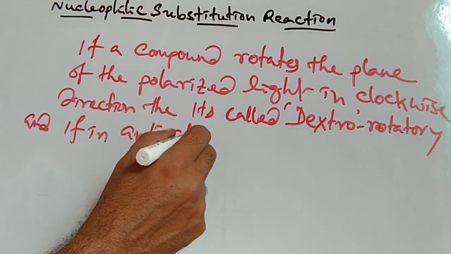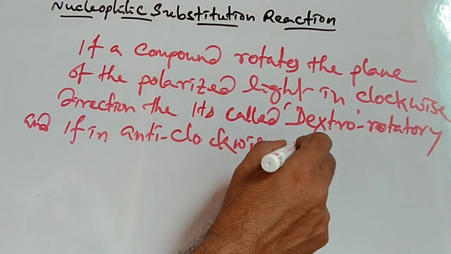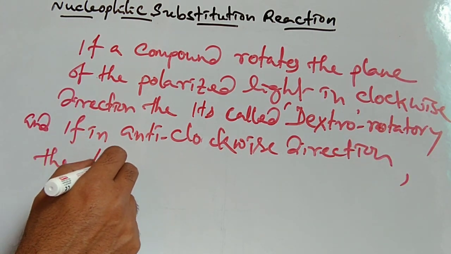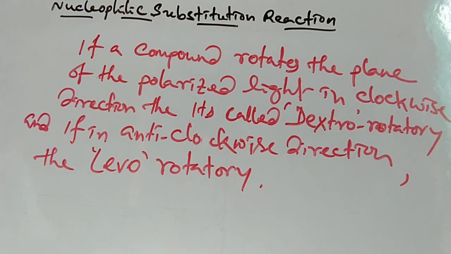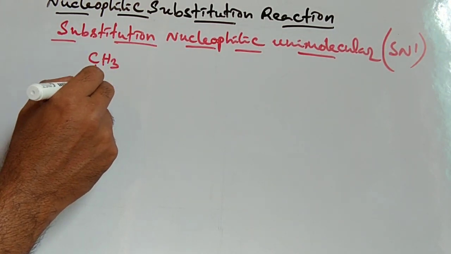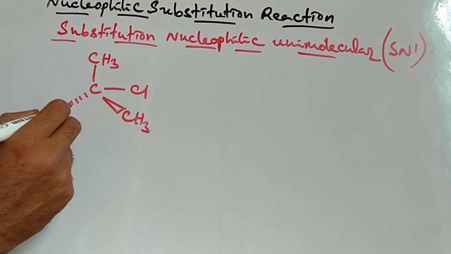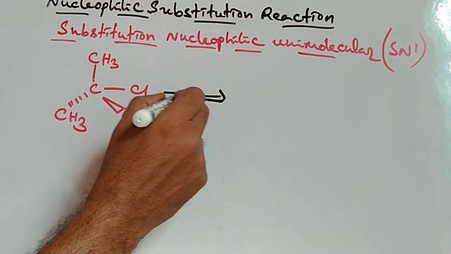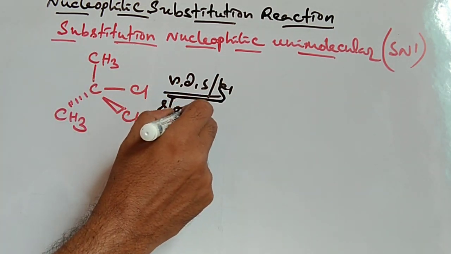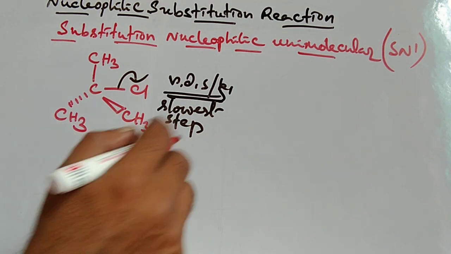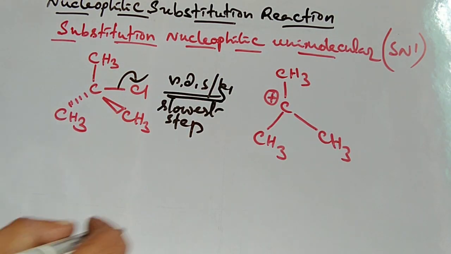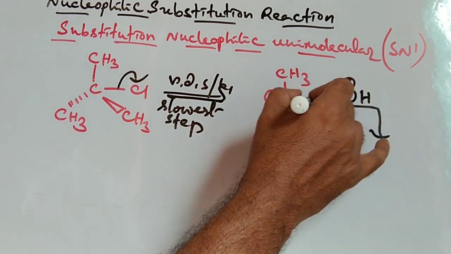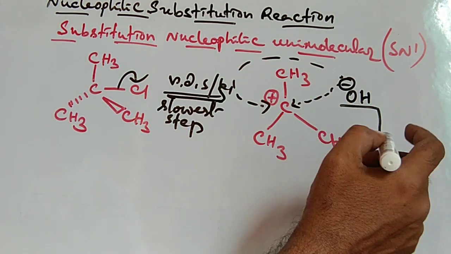So tertiary butyl chloride has that carbocation formed after elimination of chlorine. The carbocation has three methyl substituents which show their plus I inductive effect as well as hyperconjugation. So the carbocation formed from tertiary butyl chloride will be more stable, and methyl chloride, which forms a 1 degree carbocation, will be less stable.